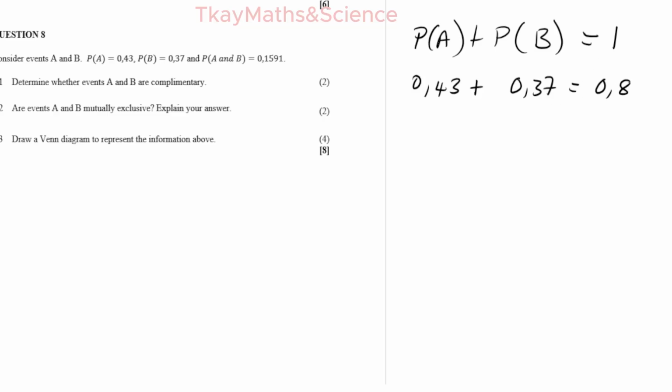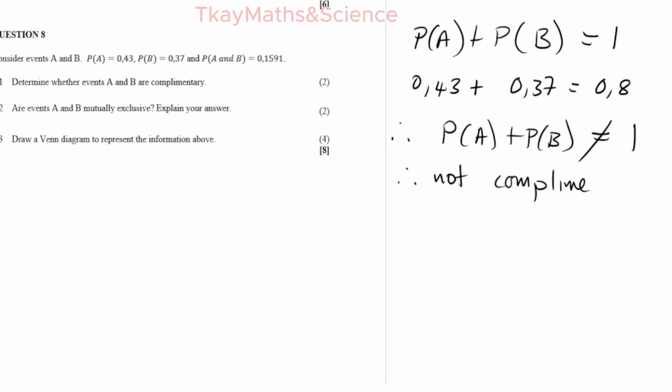So therefore, probability of getting A plus probability of getting B is not equal to 1. Therefore, they are not complementary.